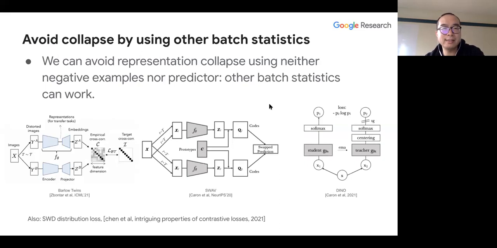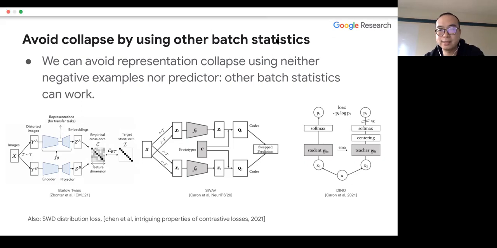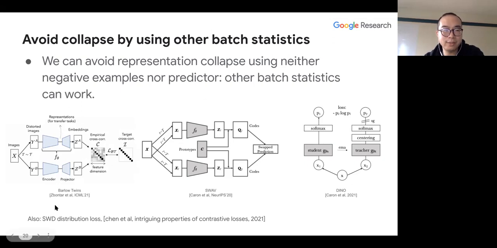Other than these two ways, there are a bunch of other ways to avoid collapse, not using the contrastive loss per se, but they somehow all use some kind of batch statistics, like correlation of features in Barlow Twins. I would say even BYOL is implicitly doing contrastive learning, but it's still unclear what exact property that would be.